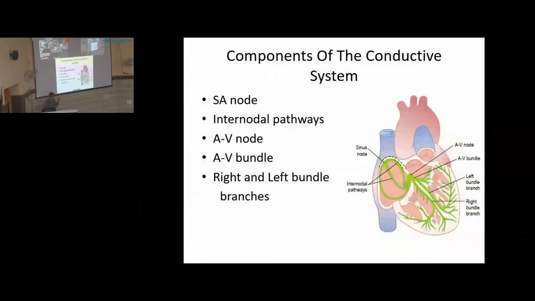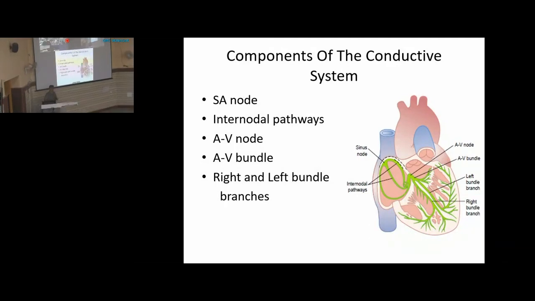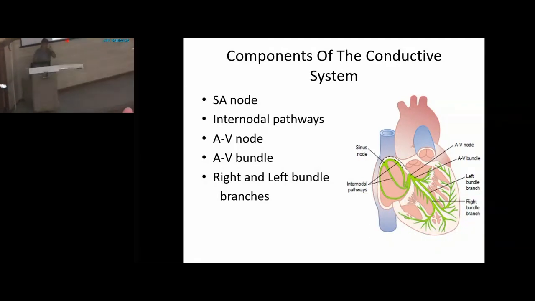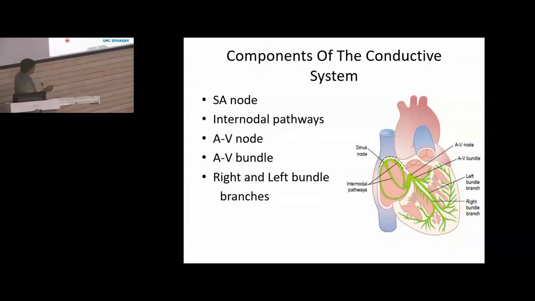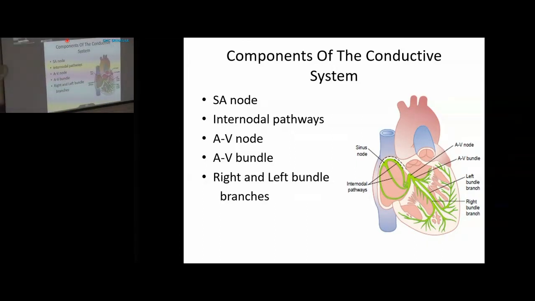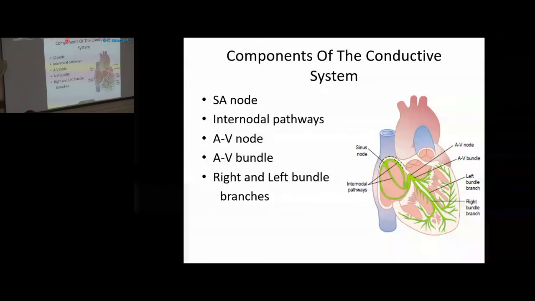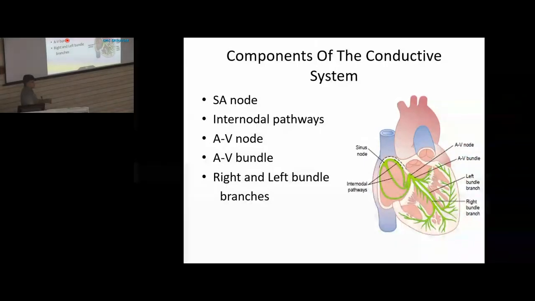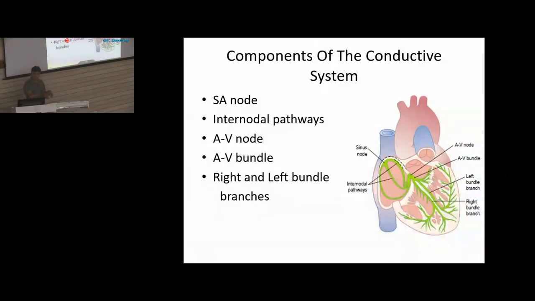This bundle of His, which arises from AV node, pierces that non-conducting band and reaches the tip of the interventricular septum, and then it moves a little down. It is also called the AV bundle or bundle of His, and it divides into right bundle branch and left bundle branch along the interventricular septum.